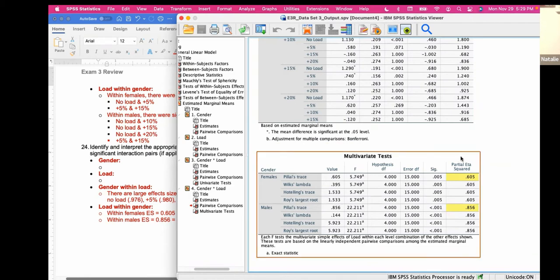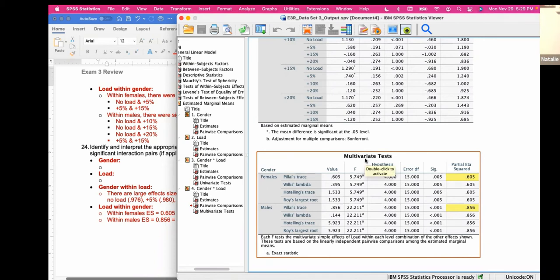But it'll be different if you have a two-way independent versus a two-way mixed versus a two-way repeated measures. The table that's underneath will vary whether it says multivariate or univariate. So if you're looking at differences between a within subject factor, it'll come out as a multivariate test.